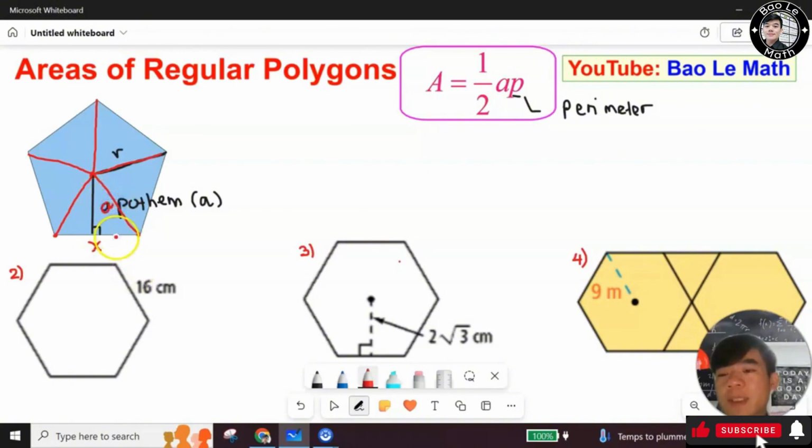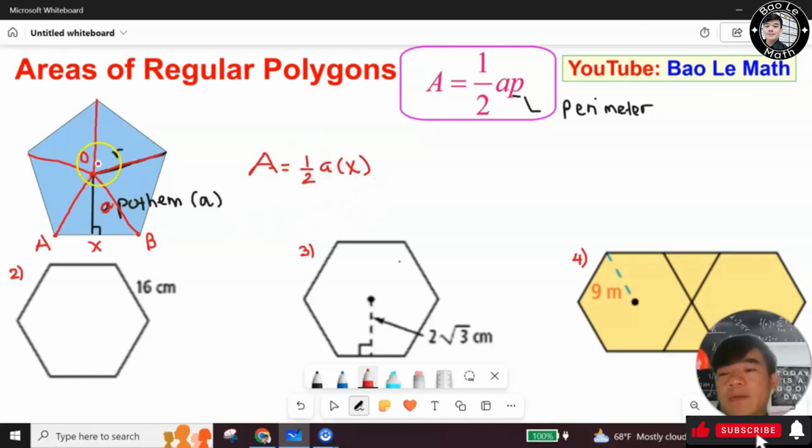If we look at the triangle A, O, B right here, the apothem in this situation is the height of this triangle. So the area of one triangle is going to be 1/2 a times s.